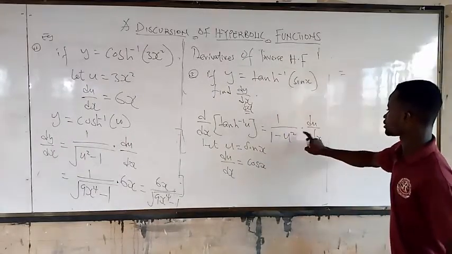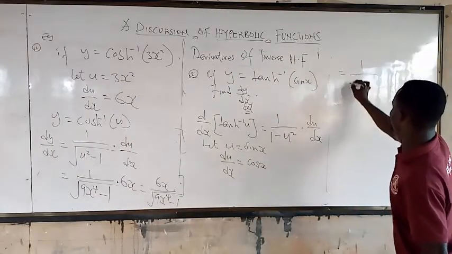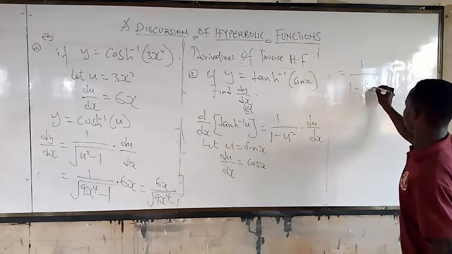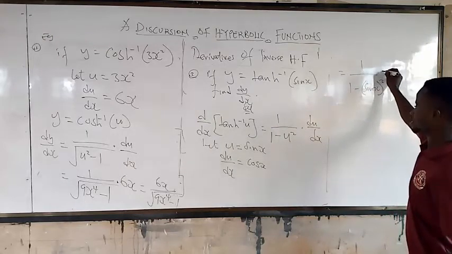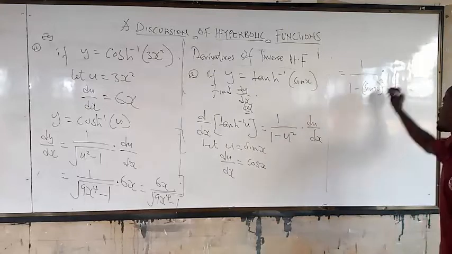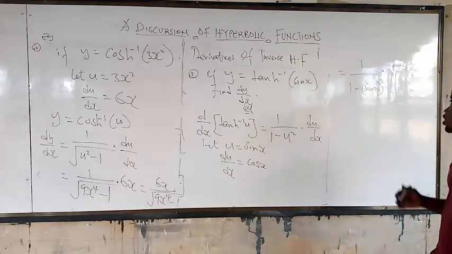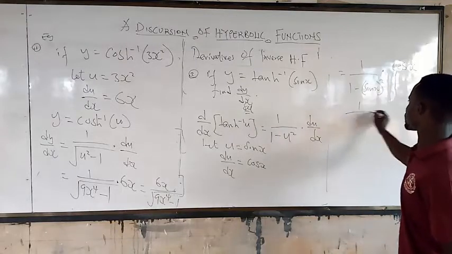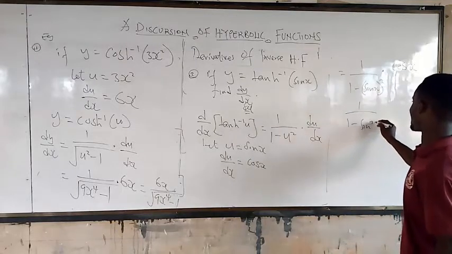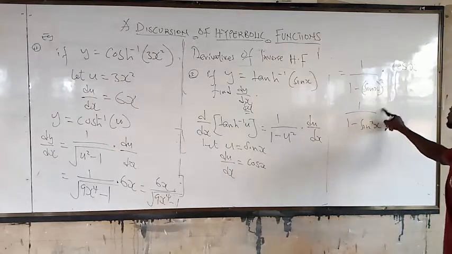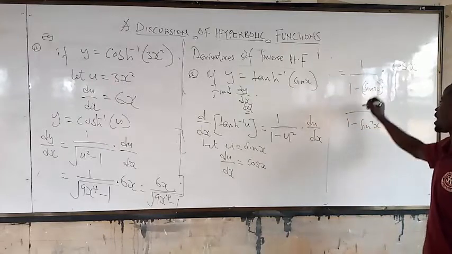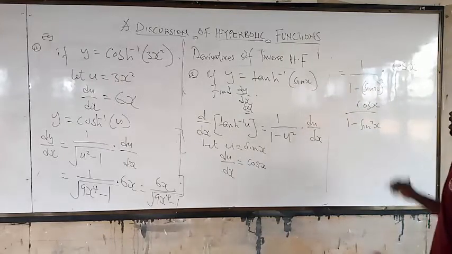to this, we can have 1 over 1 plus sin x squared times du/dx, and du/dx is cos x. Very good. So here we get 1 over 1 minus sin square x times, and when this multiplies this, we get cos x.